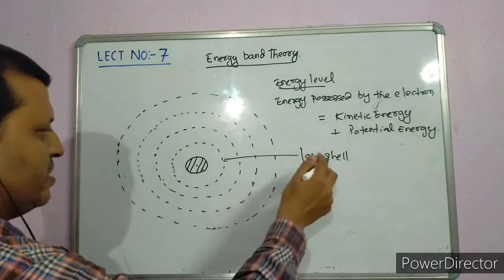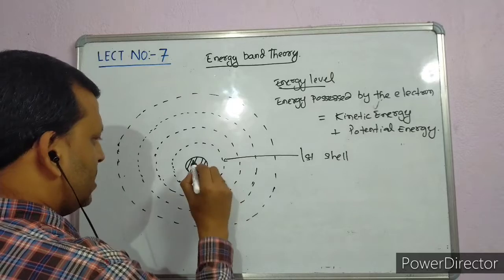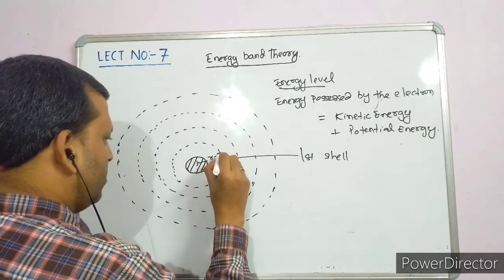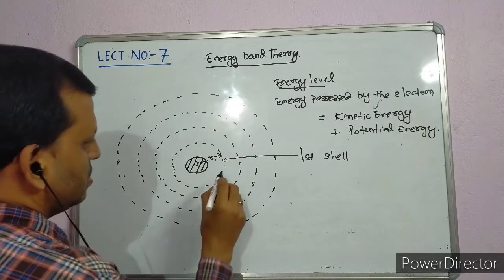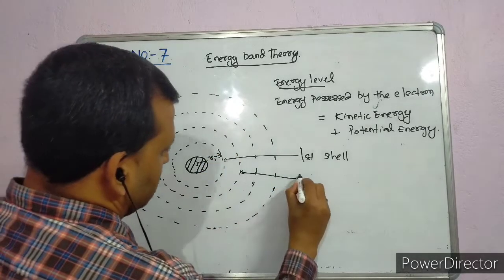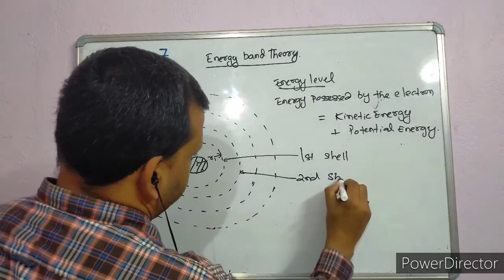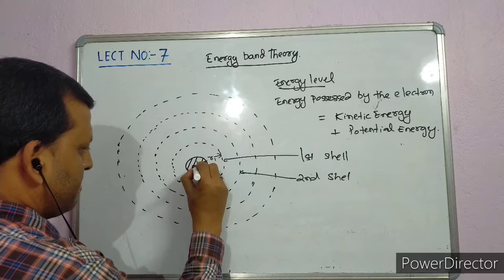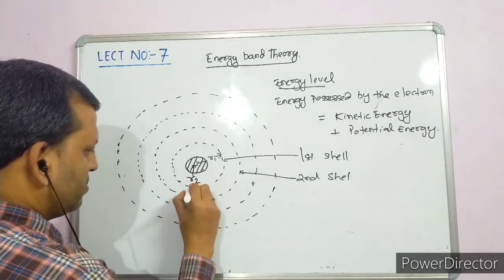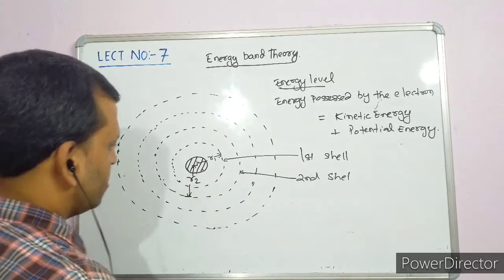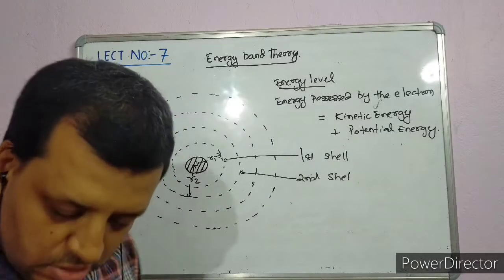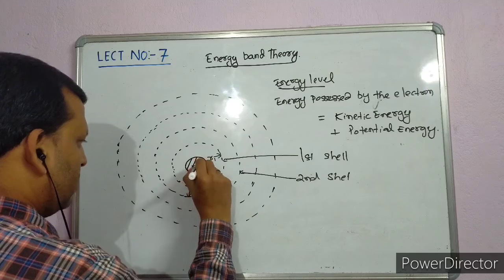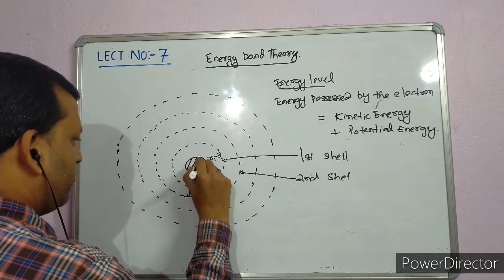This is our first cell, which is at a radius of R1 from the nucleus. This is our second cell, at a radius of R2 from the nucleus. Let us denote this nucleus properly.